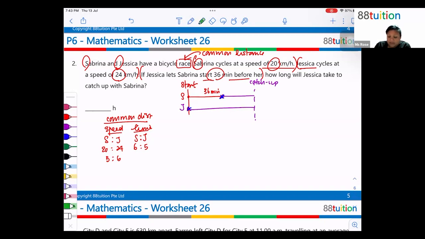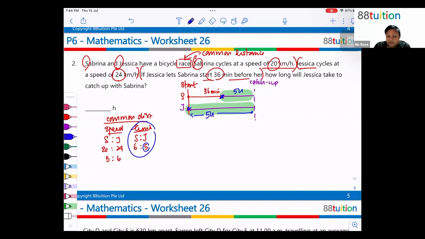Now, the time taken here and the time taken by Jessica must be the same. So we look at this time here. We know that for a common distance, Sabrina would have covered 36 units of time, whereas Jessica would be 5 units of time.